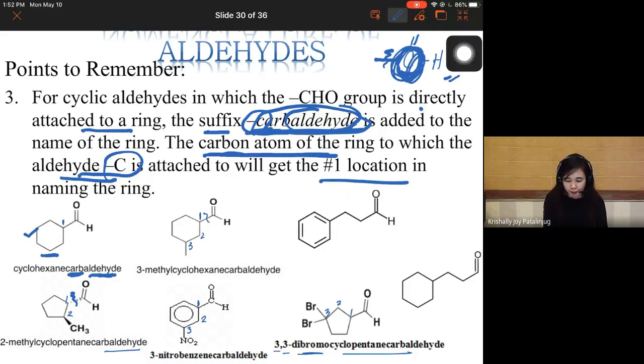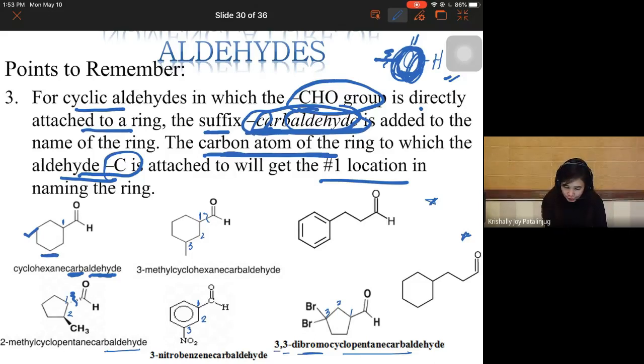Okay, question. For these newer structures, yes or no lang inyo i-answer. Is this a cyclic aldehyde? Yes or no? No, very good. What did we say about a cyclic aldehyde? The aldehyde group, particularly the carbon of the aldehyde, is directly attached to the cyclic ring.